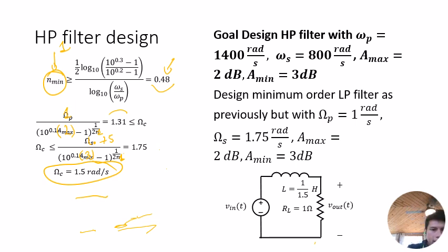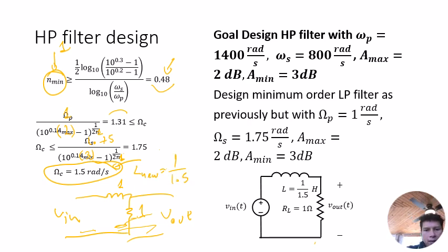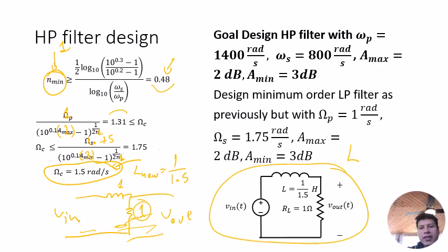So we're going to have our circuit that looks like 1, and then you have a resistor, 1, and then this is V out, and this is V in. And we're going to frequency scale this circuit by our capital omega c. So remember, our inductor L will just be 1 over 1.5, and we don't have to do anything to the resistor. So that's what we drew here. Okay, so this is a low-pass filter that meets these specs.